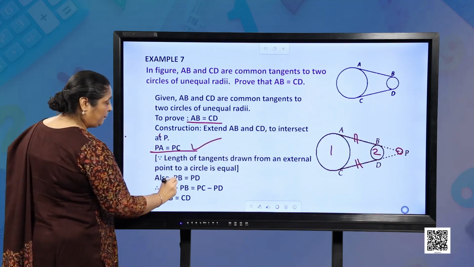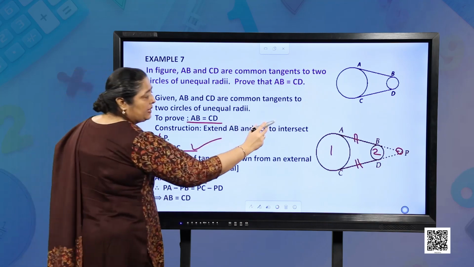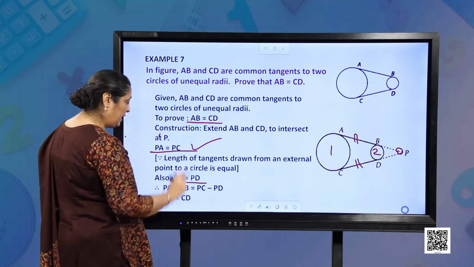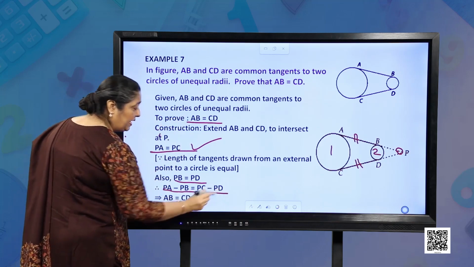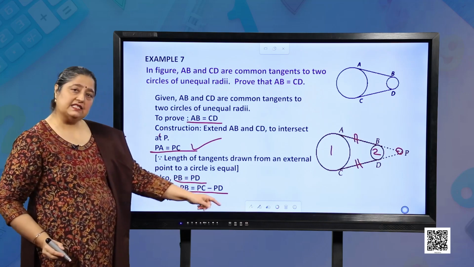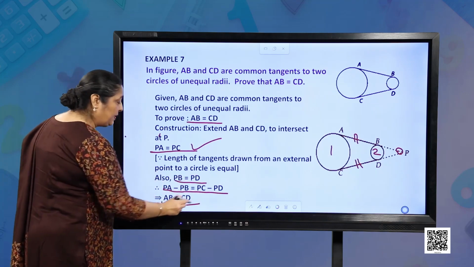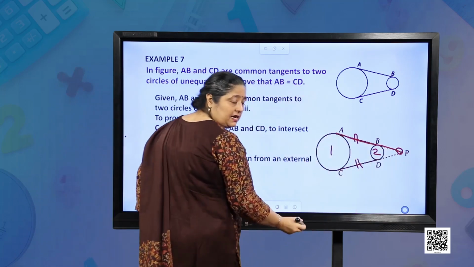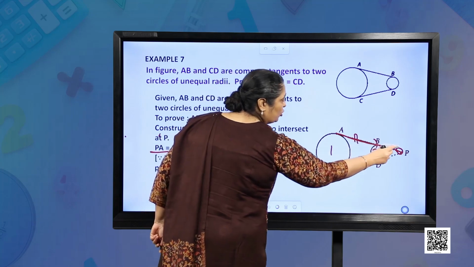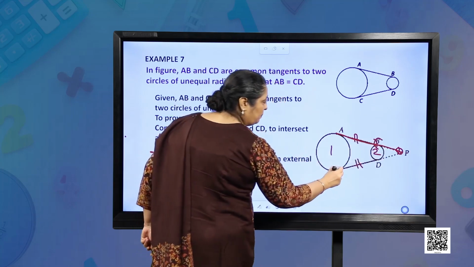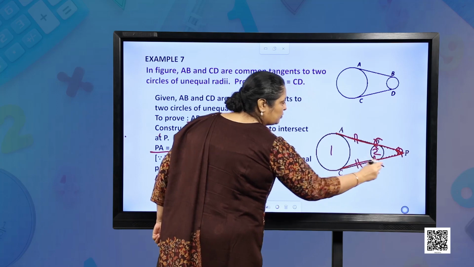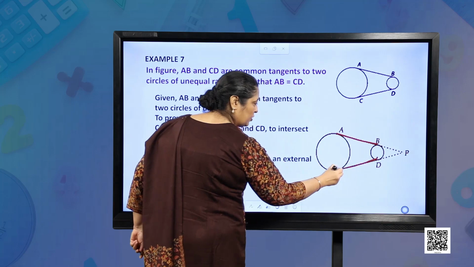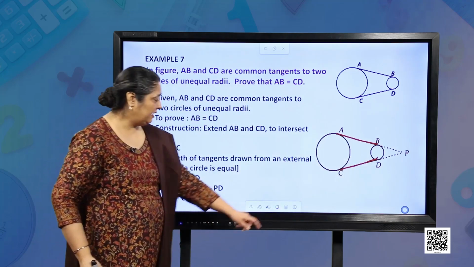Also PB is equal to PD, again the same reason, length of the tangents from the external point P. So, PA minus PB is equal to PC minus PD, that is, this complete minus this portion, and we get AB is equal to CD. I hope it is clear, right?